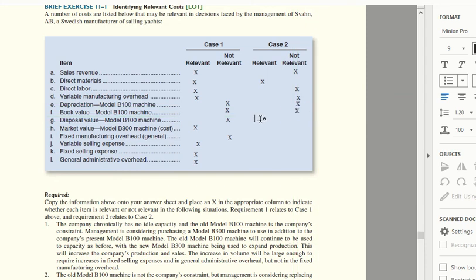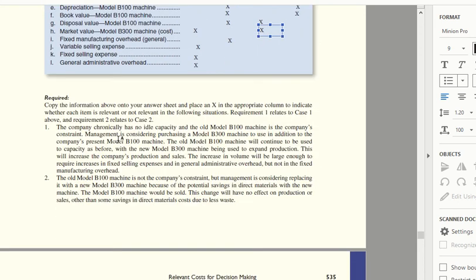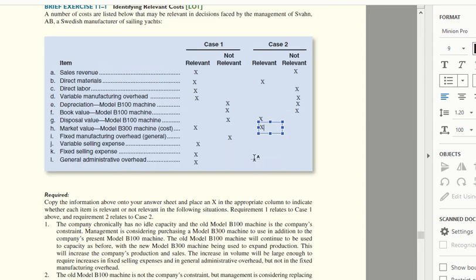Book value and disposal value, because they could get money from the disposal. Definitely buying the new machine is going to be a cost to consider. Fixed manufacturing overhead, I don't think they said any of these are going to be changing. So if they're not changing, then they shouldn't be relevant. I'd say not relevant all the way down with the rest of these.